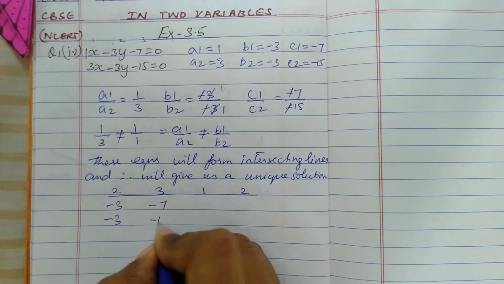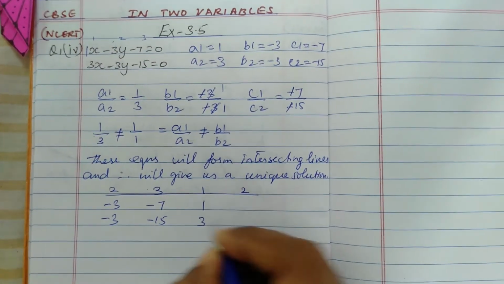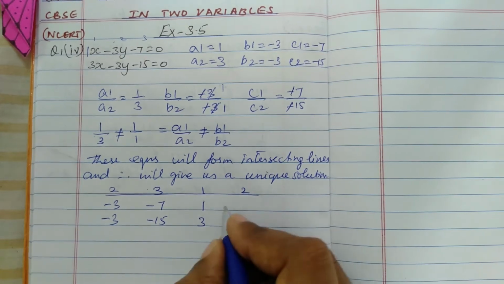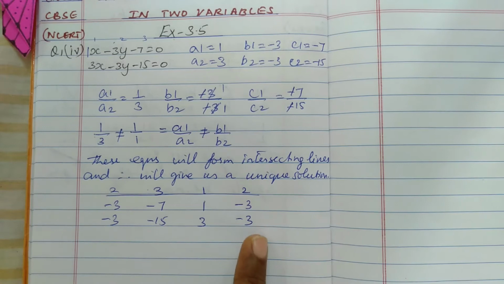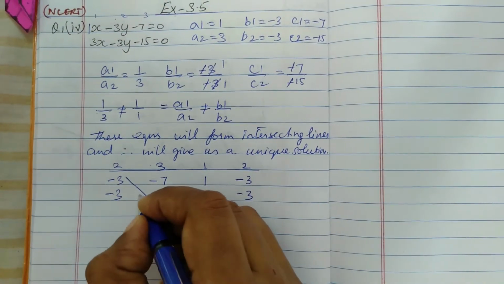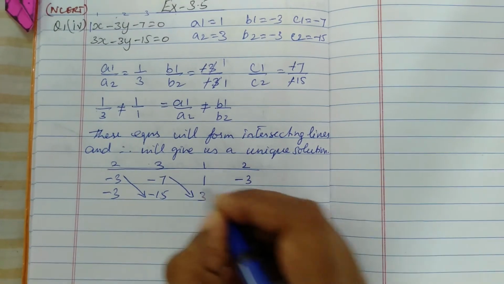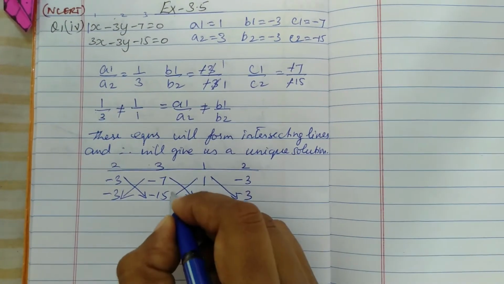Here first row's coefficients are 1 and 3. And here again second row's coefficients will repeat. So this is minus 3 and minus 3 from here to here. Okay. Now we have to draw the arrows for cross multiplying it. This way one time and this way.